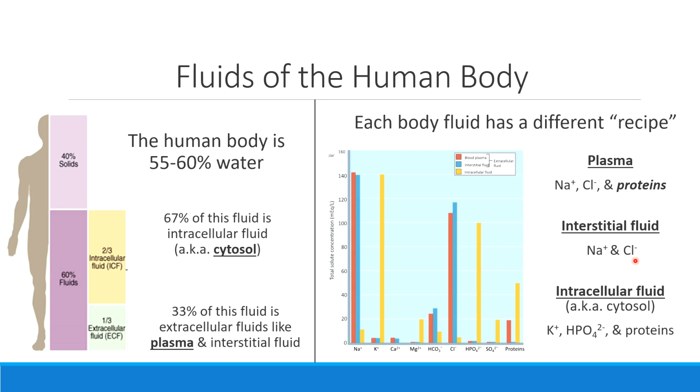If you remember from A&P1, we said that your cells were like a salty banana. Bananas on the inside have a lot of potassium, and if it was a salty banana, on the outside we'd have a lot of sodium and chloride. So as you're studying these body fluids, make sure you're aware of the recipe for each of them.